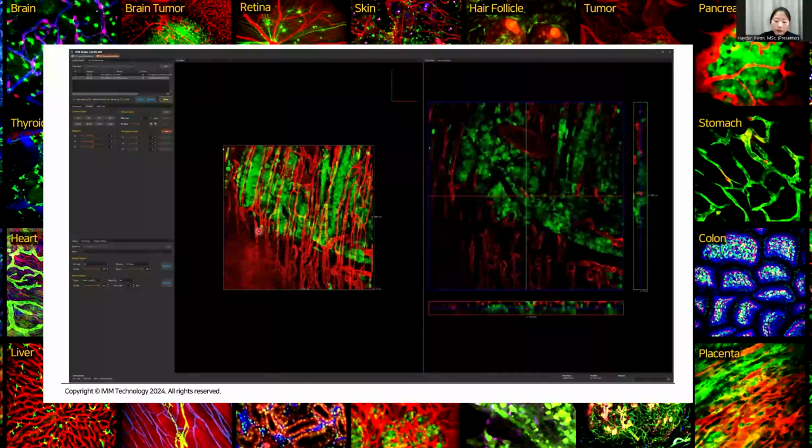This visualization method complements the 2D images and offers a comprehensive understanding of the tissue's organization and architecture.